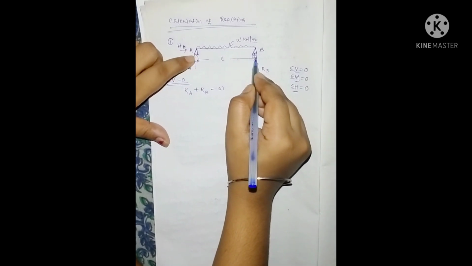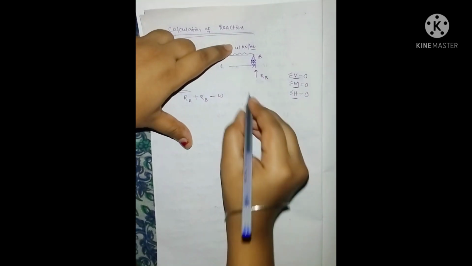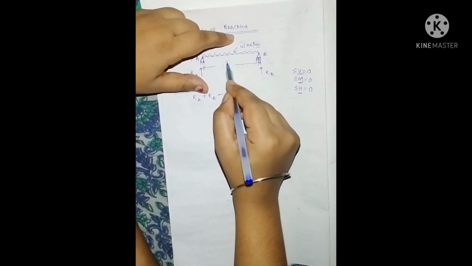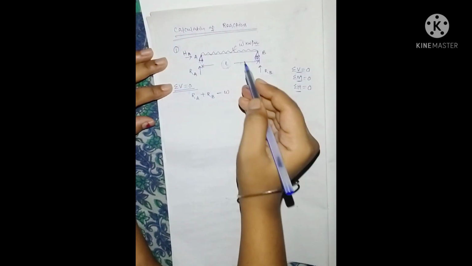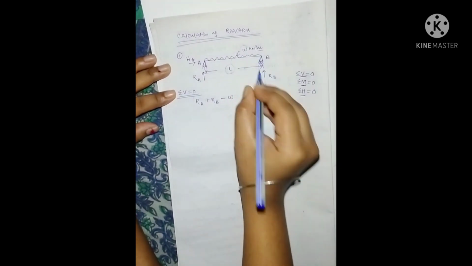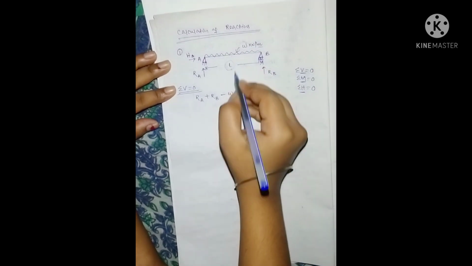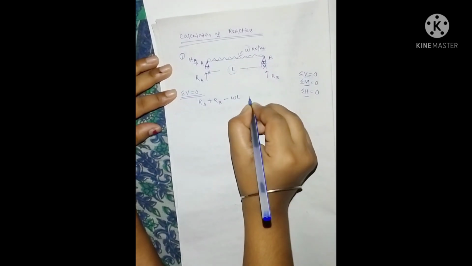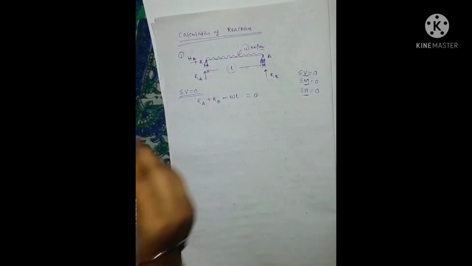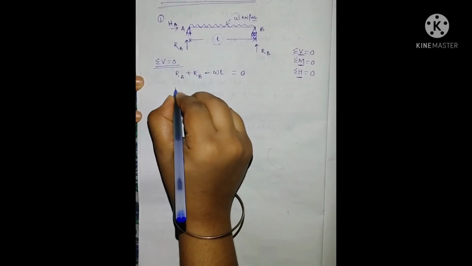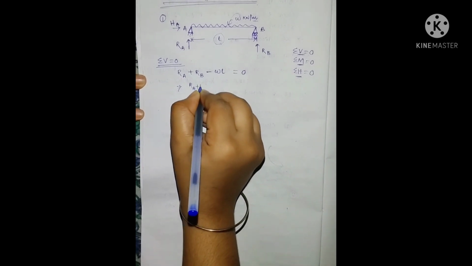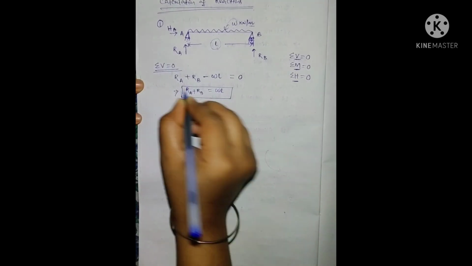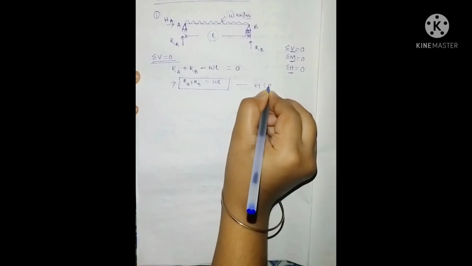We have L meters of length, so we multiply the load value by the distance to get the intensity of load. So our loading intensity is W into L, that is equal to 0. So Ra plus Rb equals W into L. We have equation 1.